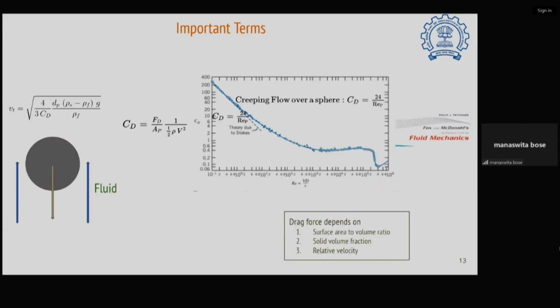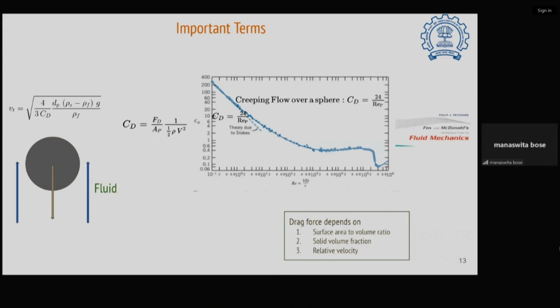Now, when we get into the drag, there are a couple of things to focus on, right? One thing to focus on is that the drag force is a fluid solid exchange term, a fluid solid interaction term. Drag force depends on the surface area to volume ratio, solid volume fraction, and the relative velocity, right?